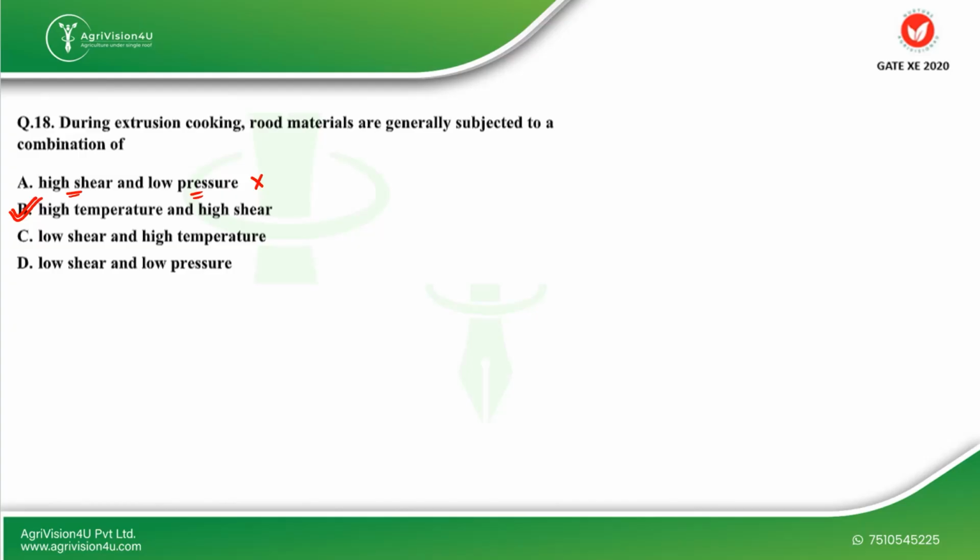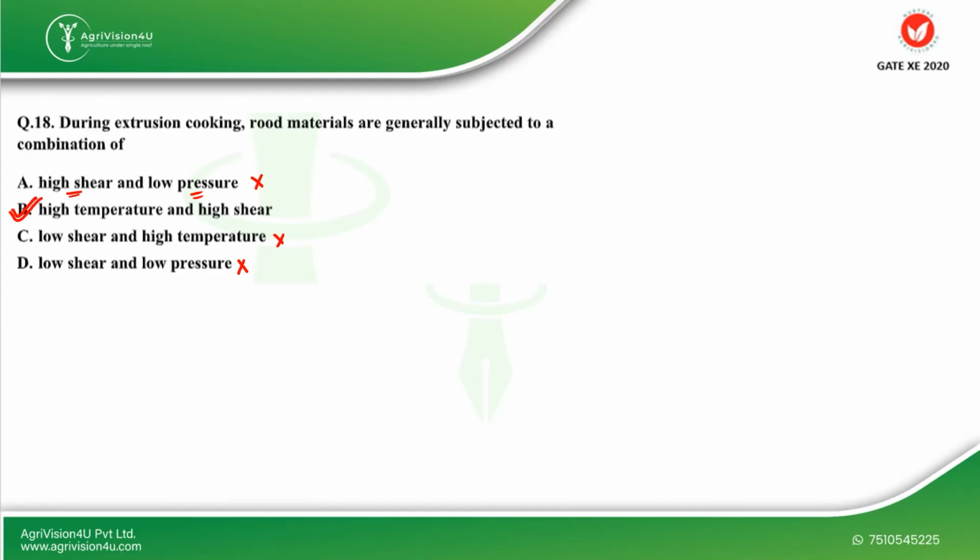But without sufficient shear, the food might not be properly processed. So this option is also incorrect. Next, low shear, low pressure. Low shear is not ideal for breaking down the food particles. With low pressure, it would be difficult to force the food material through the extrusion line. This is incorrect. So over here my correct option is high temperature, high shear.